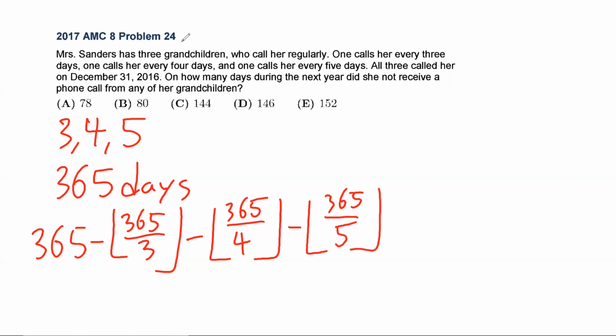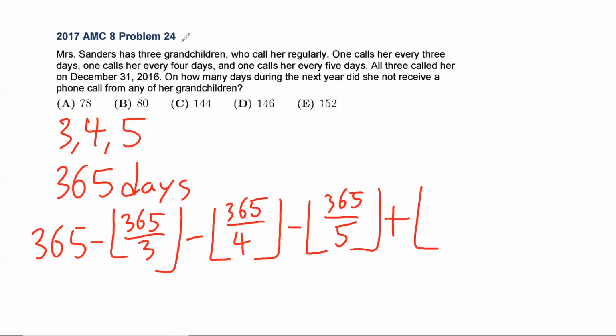So this is the number that you might have tried to get as an answer if you didn't know that there were overlaps. Now that you know there are overlaps, you have to add back the numbers that you missed.